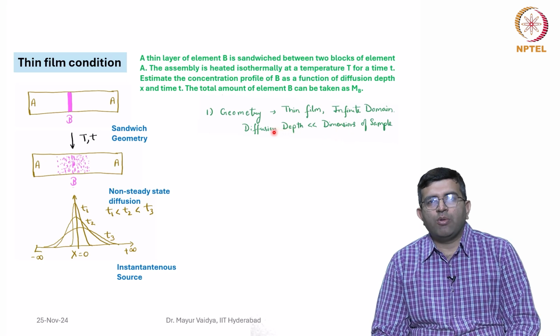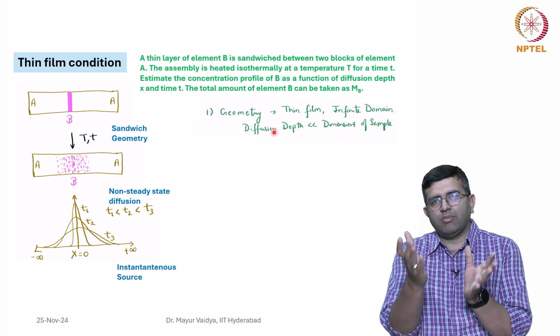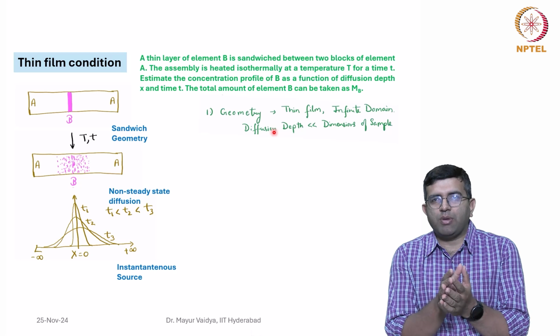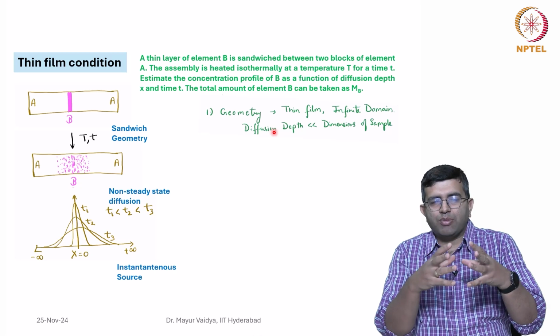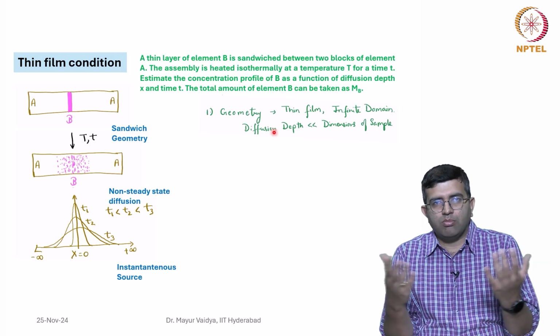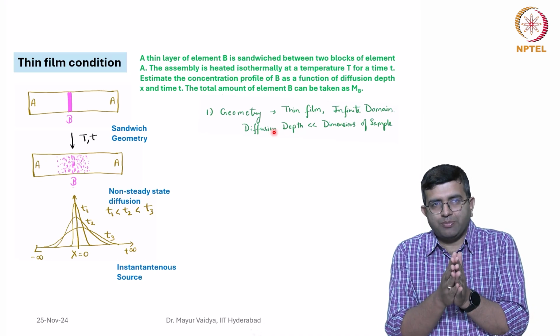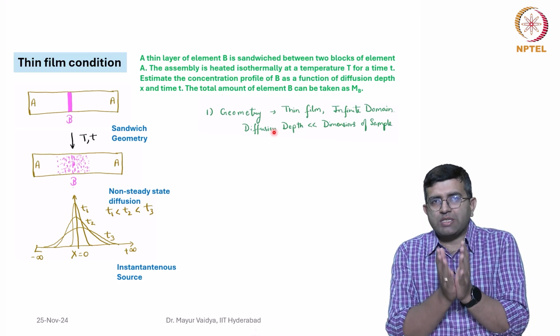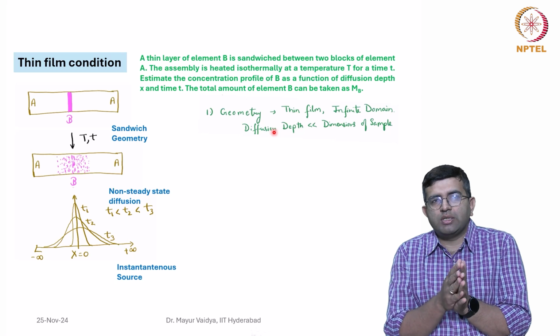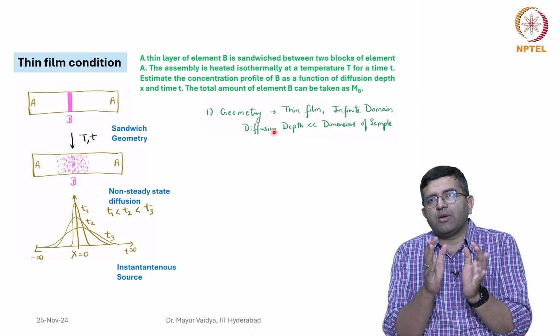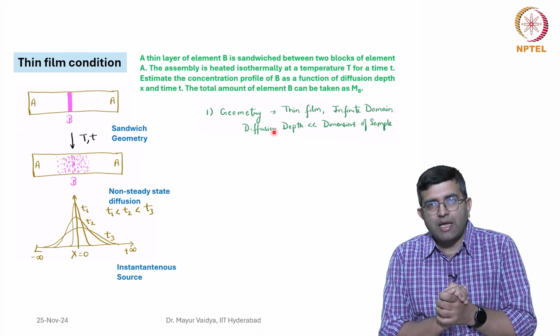Diffusion depths are typically in microns, a few hundred microns at best, whereas the dimension of the sample is much larger: millimeters, centimeters, and so on. So it's a reasonable assumption to say that the diffusion depth is very small compared to the dimensions of the sample.